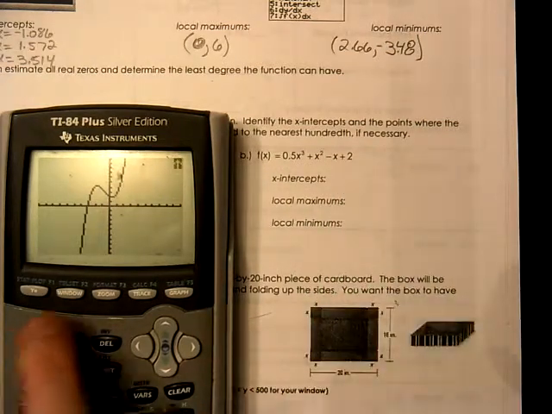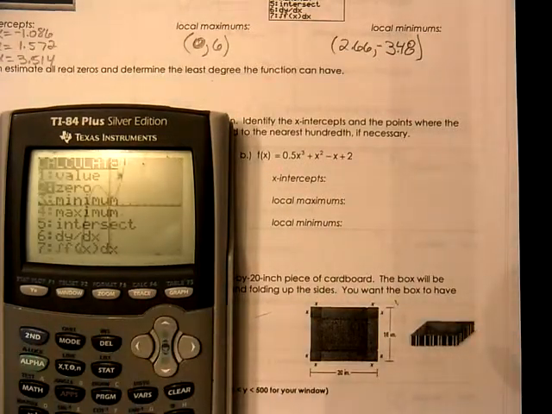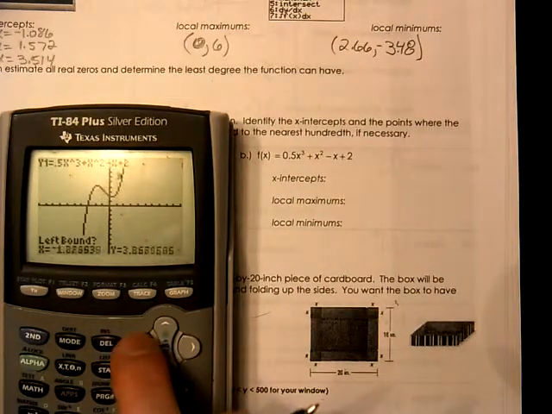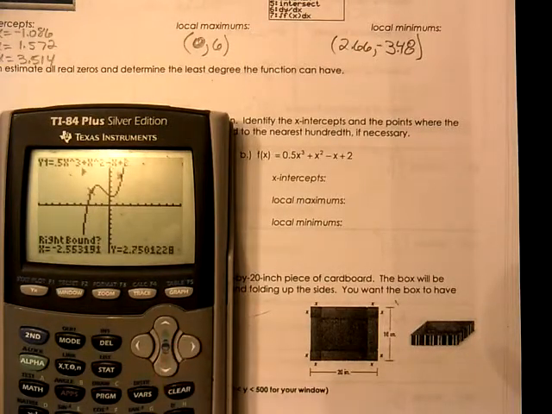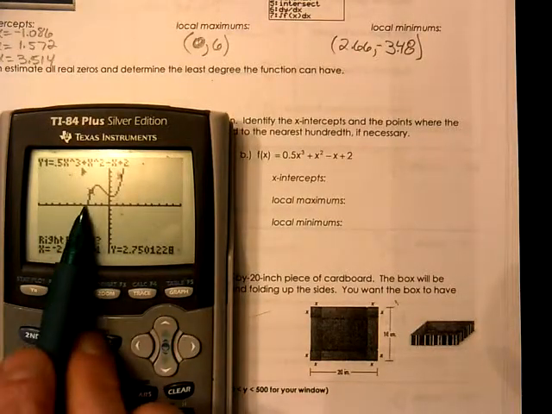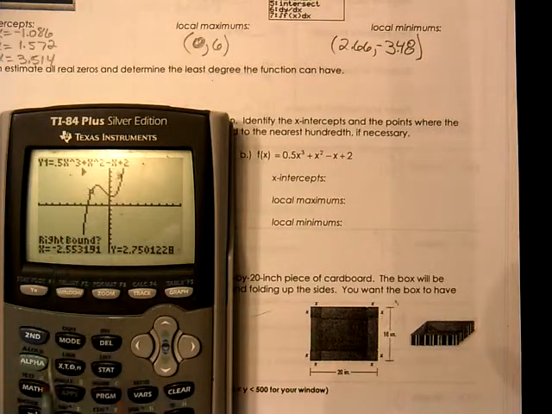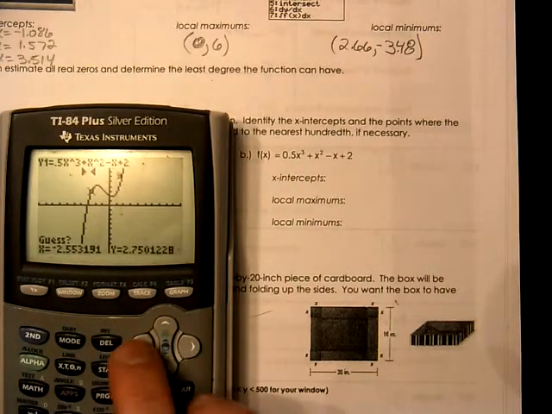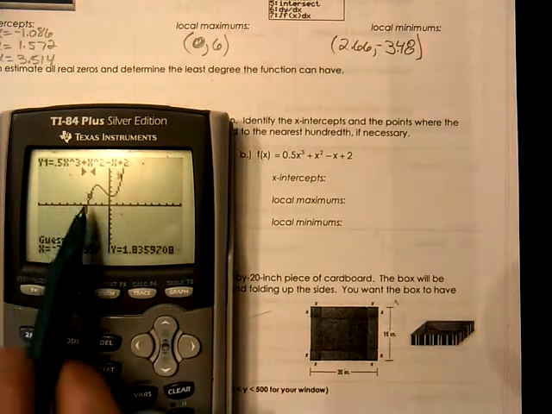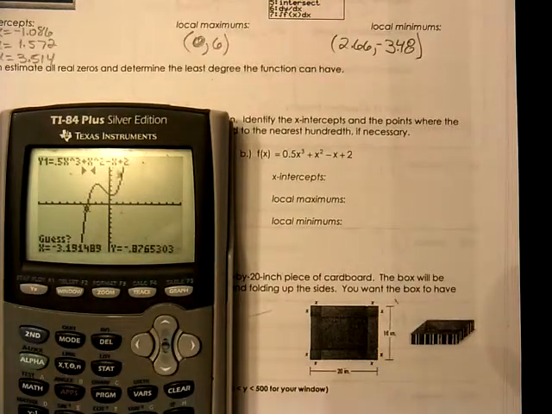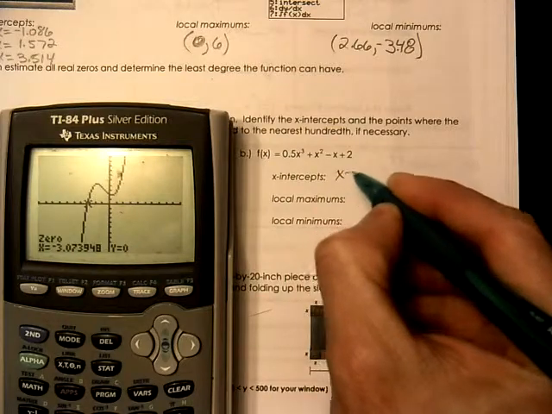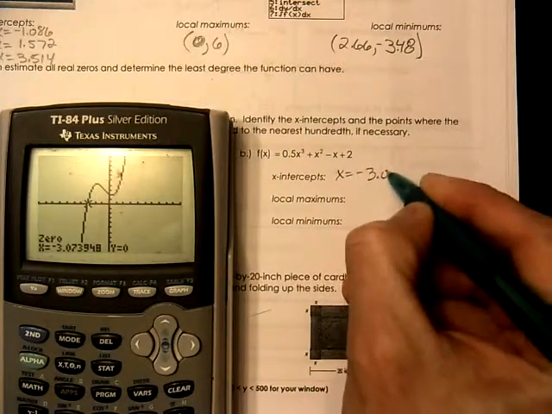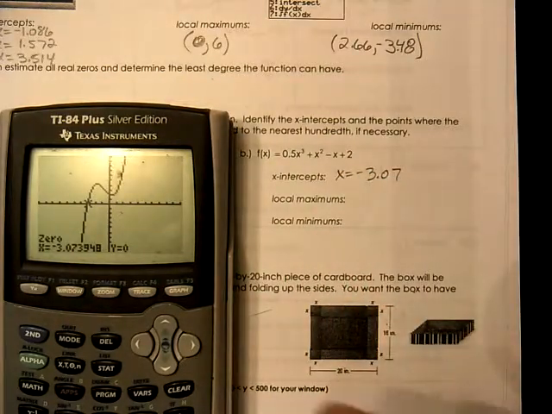So for our 0, we need to get to the left bound, so that means to the left of the intercept. We need to get to the right of the x-intercept. And then the guess means that we should get as close to it as we can. So our x-intercept is x equals negative 3.07.